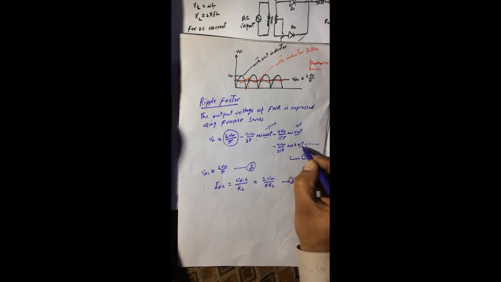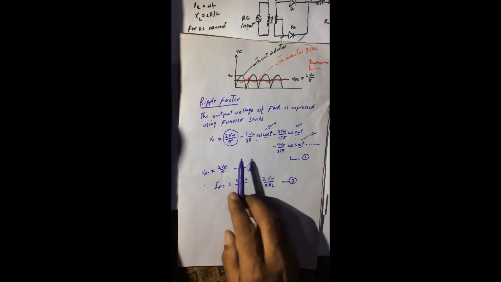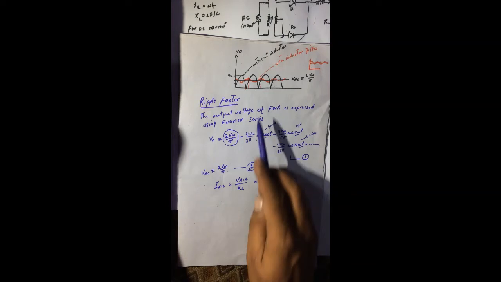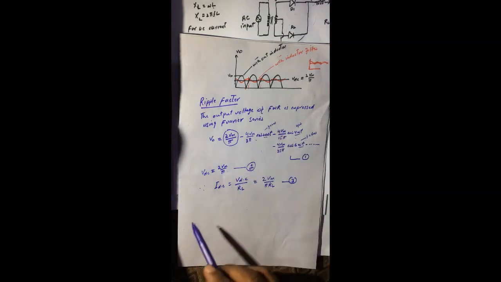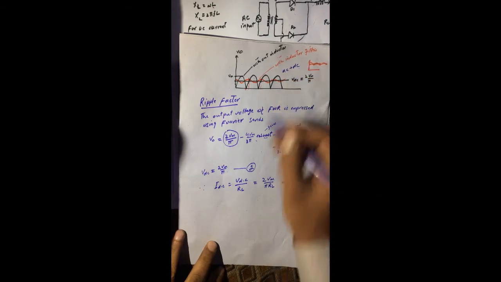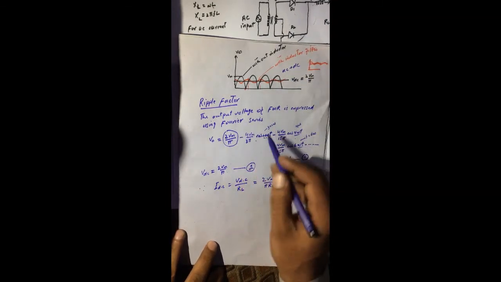Here the frequency is 6 omega. So all these components contain frequency, so they are the AC component of the output of this full wave rectifier. Because in full wave rectifier we have both AC and DC. So the first term represents the DC, while the rest of the terms represent the AC component of the full wave rectifier.